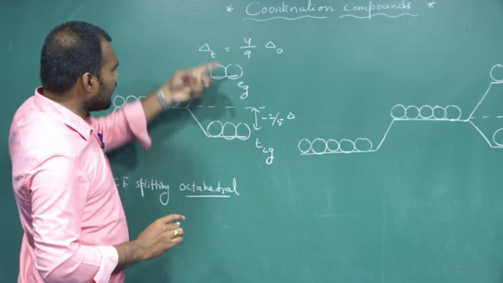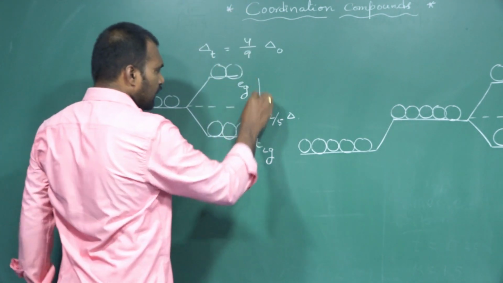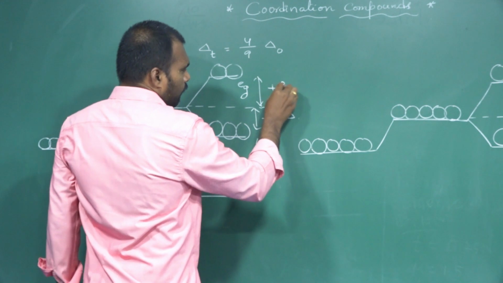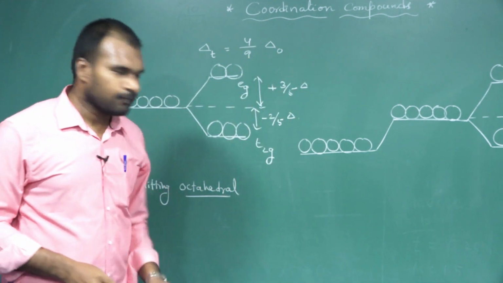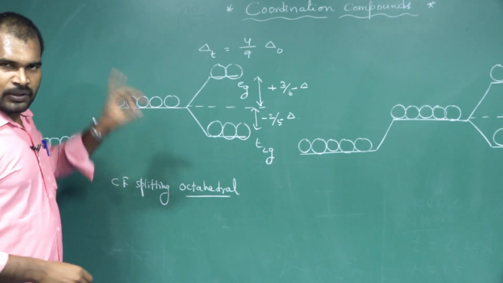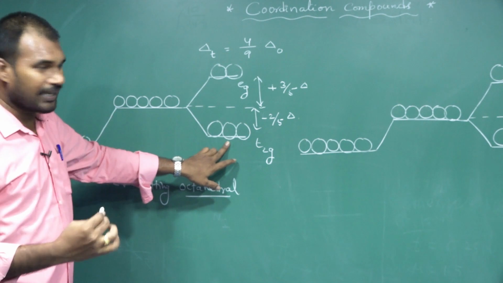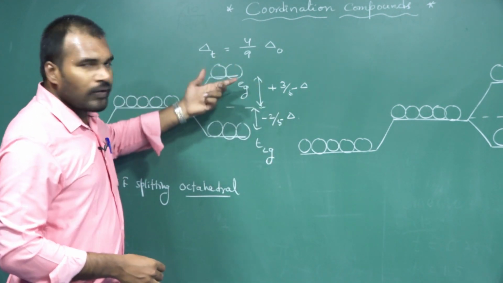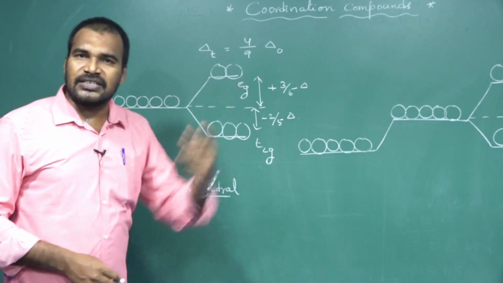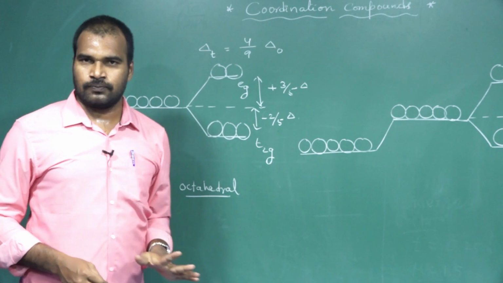If electrons enter the eg set, their energy increases by +3/5 delta, that is 0.6. Once again, in octahedral complexes, if electrons enter the t2g set, their energy decreases by -0.4, and if the electron enters the eg set, the energy increases by +3/5, that is 0.6.